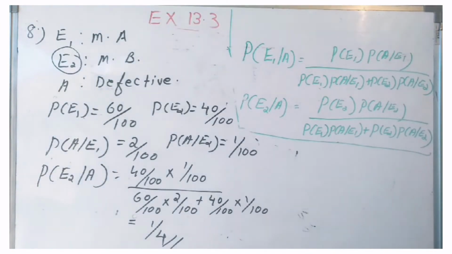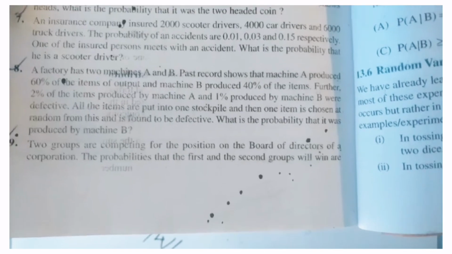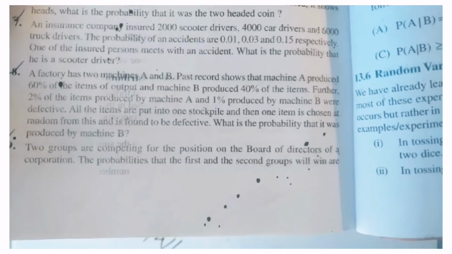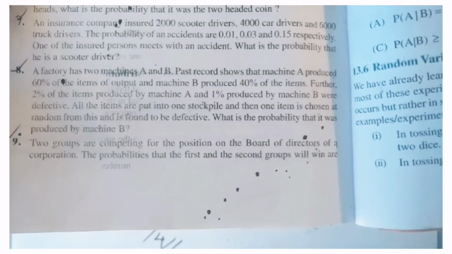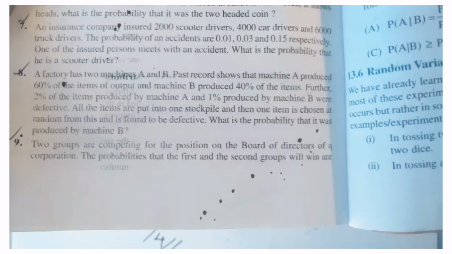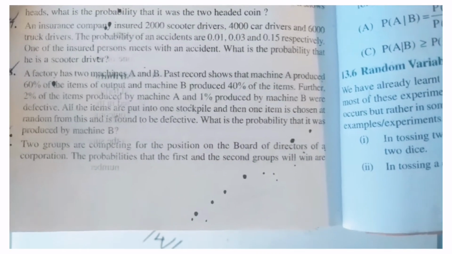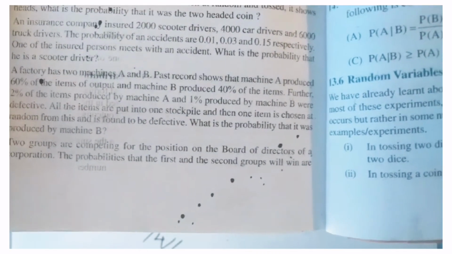Next question, 9th one. Two groups are competing for the position on the board of directors of a corporation. The probabilities that the first and second groups will win are 0.6 and 0.4 respectively.